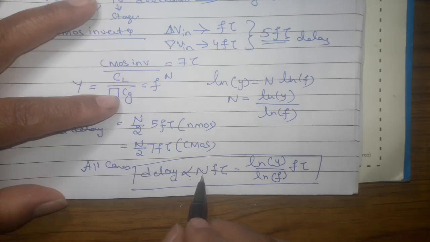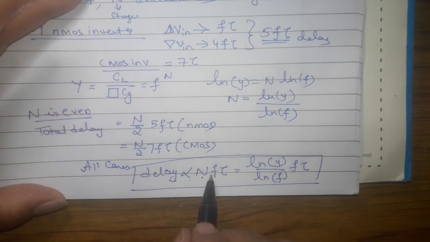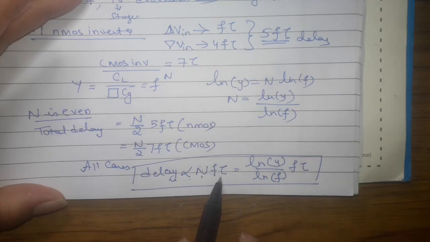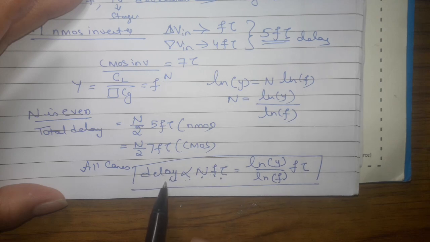As the number of stages increases, my delay increases, and F also plays a very important role here; it is a factor, not frequency actually. Also important is your delay unit tau, which depends on the sheet capacitance, sheet resistance, and your gate capacitance, and is directly proportional to your delay.